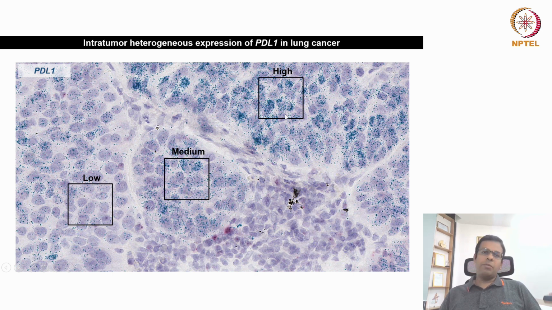It is possible that in this area of the tissue the protein is overexpressed, here it is underexpressed, and here there is no expression of a particular protein. That is known as spatial proteomics, whereas this figure is specifically for spatial transcriptomics of the PDL1 gene. So why is this important and how is it done?